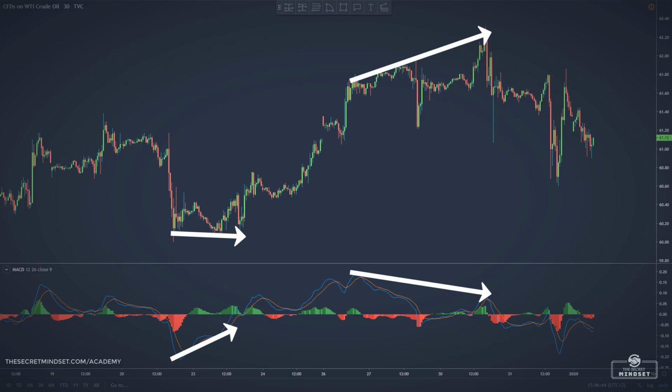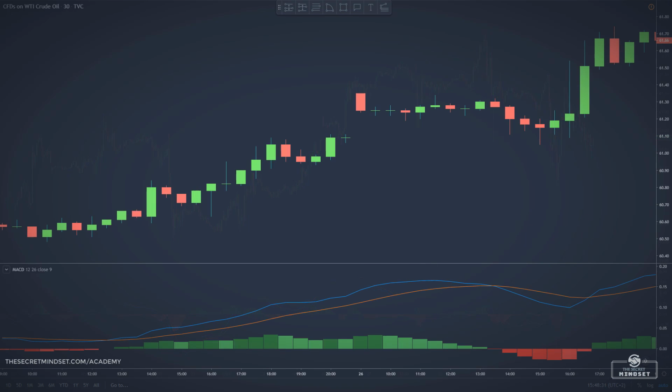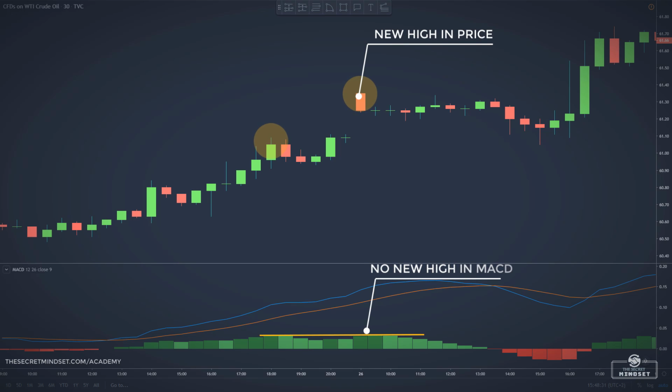This type of signal is supposed to warn of a price direction reversal, but the signal can be misleading and inaccurate. Another type of divergence is when a security's price reaches a new high or a new low level, but the MACD indicator doesn't. Essentially, what it conveys is the shift in the market momentum.